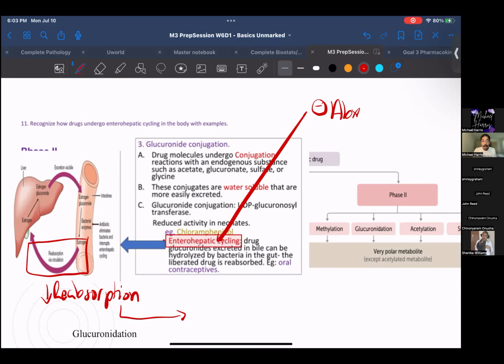If you gave an antibiotic, killed the bacteria in the gut, decreasing reabsorption, are you going to see under-treatment or overdosing symptoms?